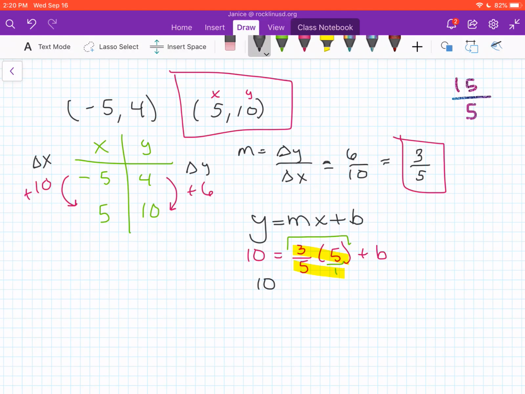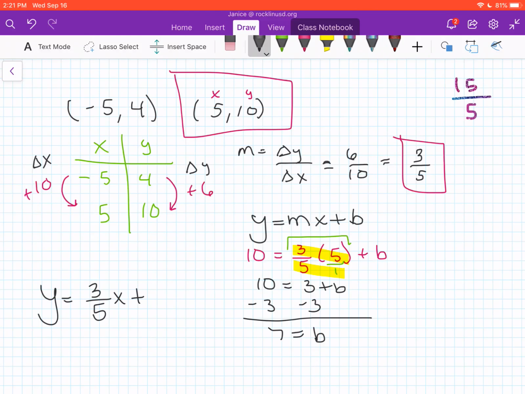So now I have 10 equals 3 plus b. To solve for b, I subtract 3 from both sides. 7 equals b. And then my last step is I write my equation. y equals, my slope is 3/5 times x plus my b, which is 7.